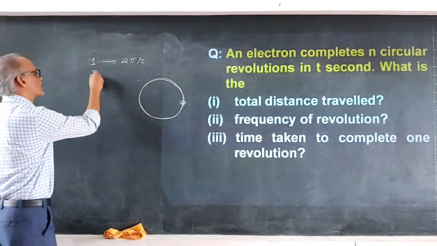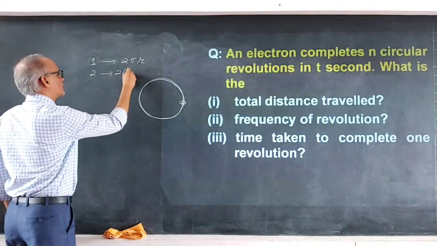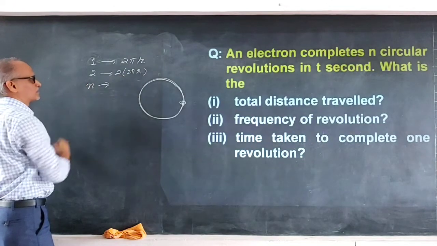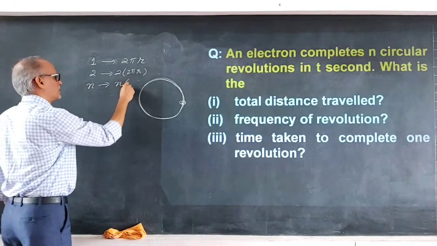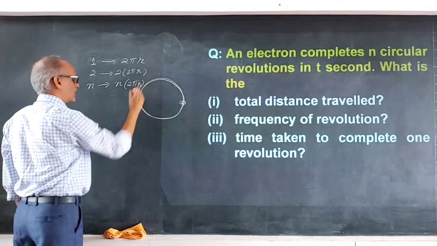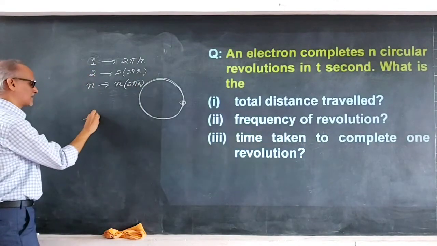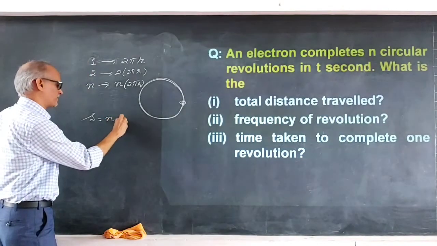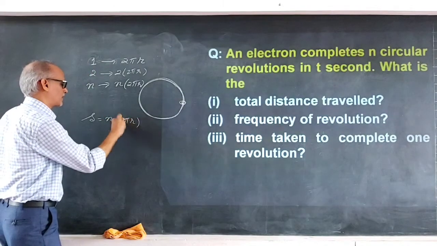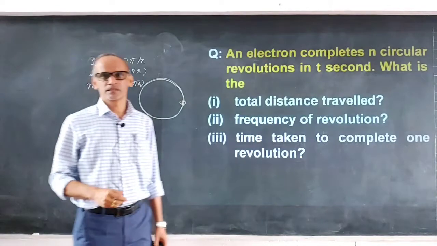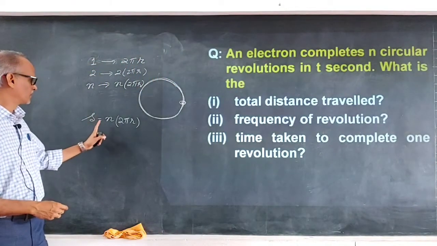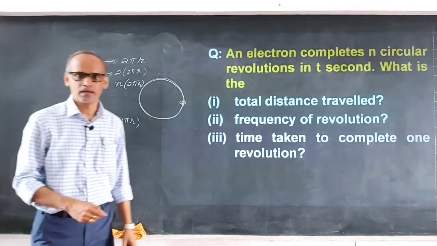For two circular motion, 2 into 2 pi r. Correct? For n circular motion, it is n into 2 pi r. So therefore, the distance traveled, which I'll write as S, is equal to n into 2 pi r. So this is the first answer to the first option. Okay? S is equal to n into 2 pi r.